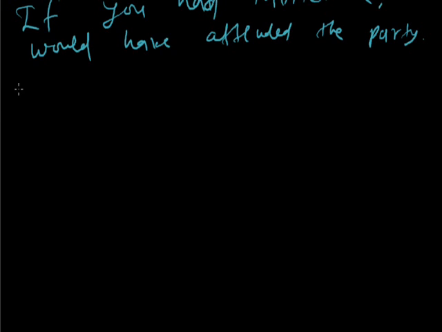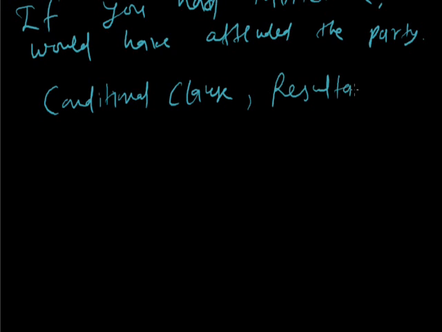Now we have done the third condition, but let's look at the structure. There are again two clauses. First one is, as usual, the conditional clause, and the second one is the resultant clause.